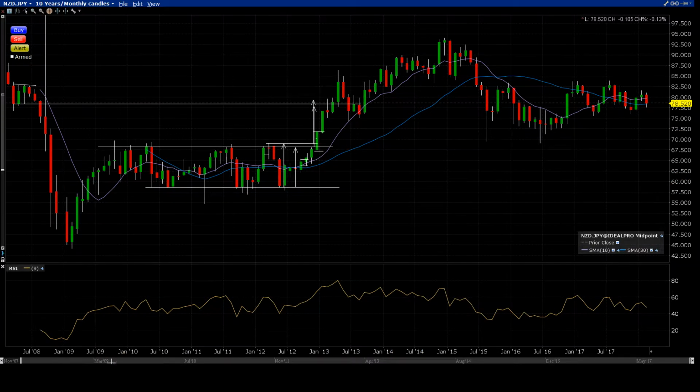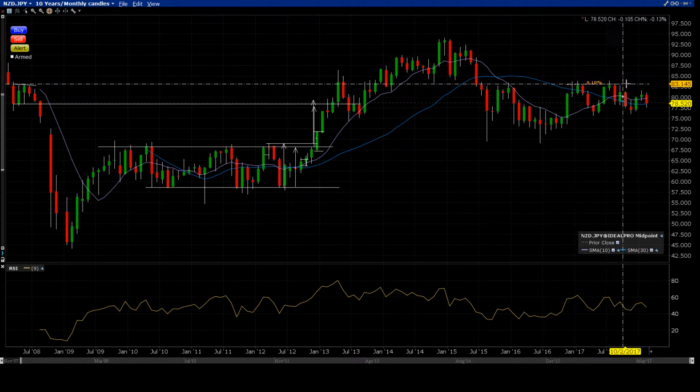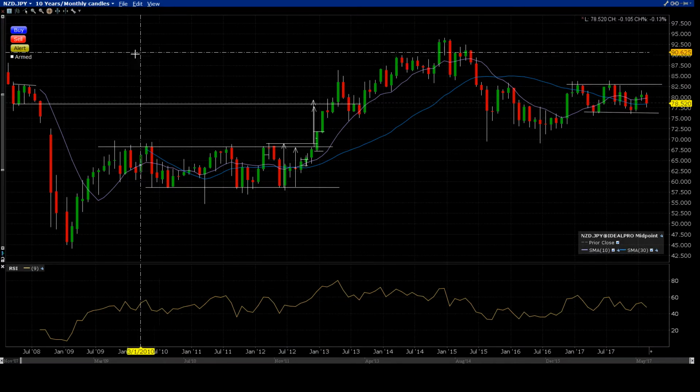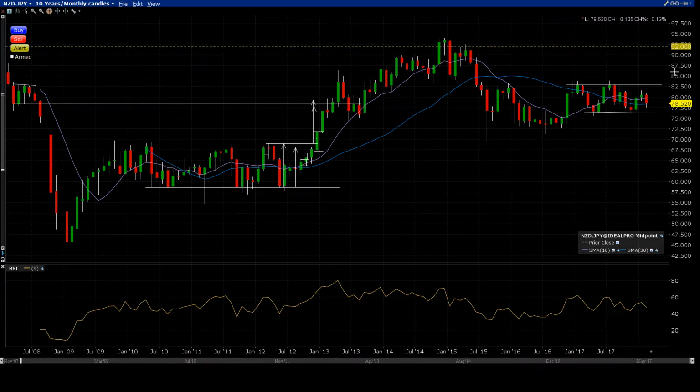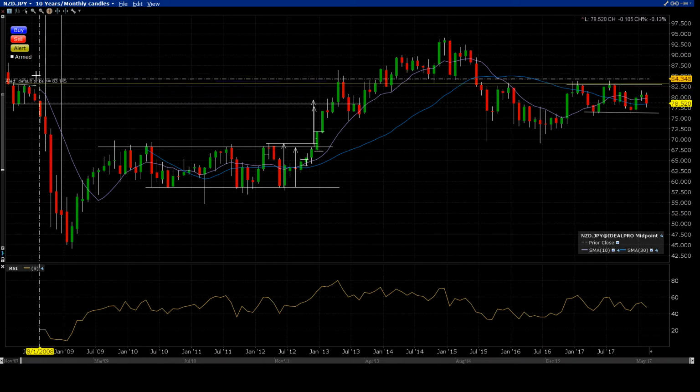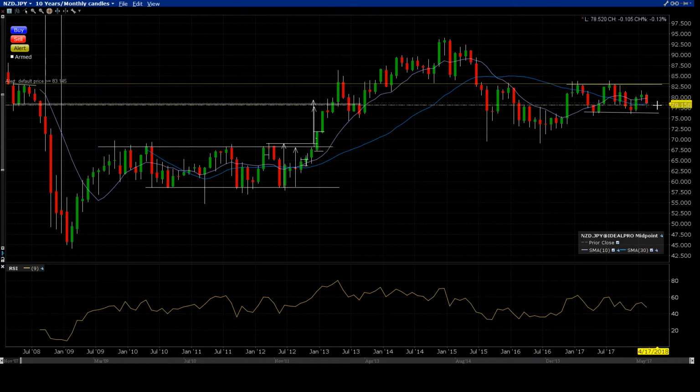All right, let's move to today, because that's what counts. I want to make sure I set my alerts. So here's the 1 year pattern, a little bit more, 1.5 year pattern for that pair. Set my alerts at the 83.14 level, and set my other alert at the 76.50 level.